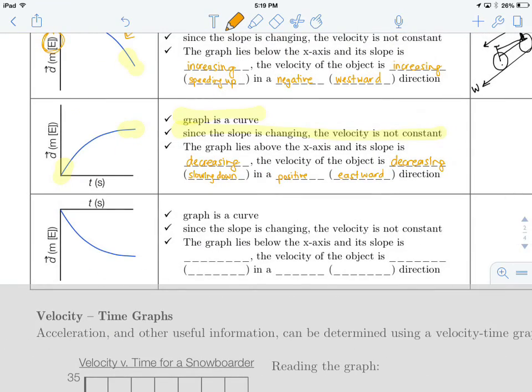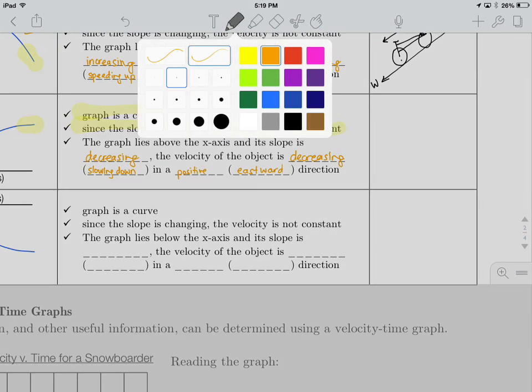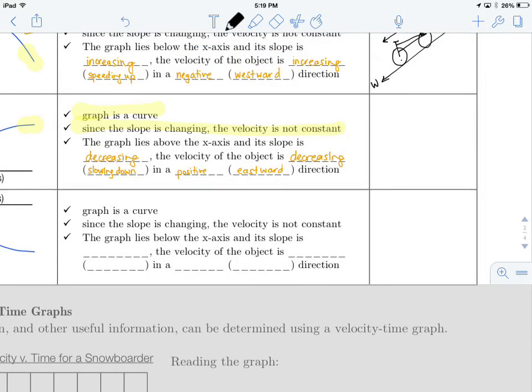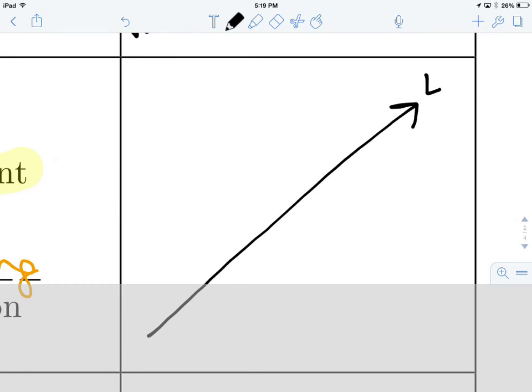An example of this is where we have a bicycle, and here's our hill. This is east, so this is positive. But now we have a bicycle going uphill.